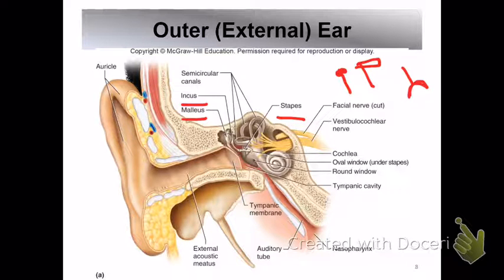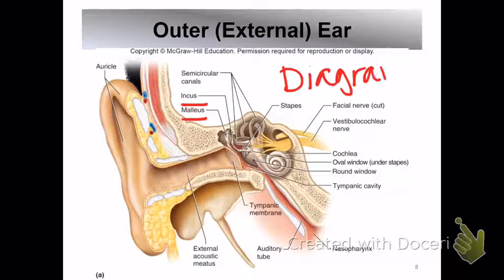And then also I'll give you a clue. This picture may be on the final exam. So you may need to study this diagram for the final exam. Make sure that you're familiar. When you're studying the picture, pay really close attention to where the malleus is, be able to pick that out.